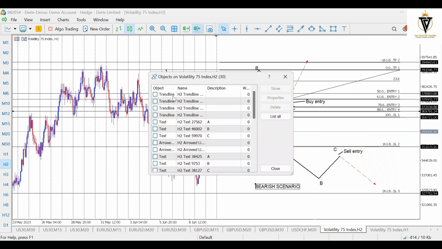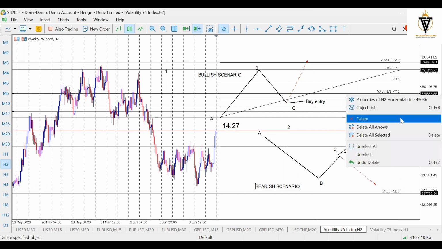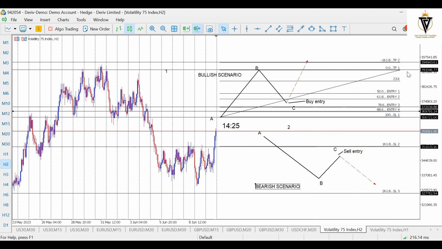Okay, now let's look at a bearish scenario.